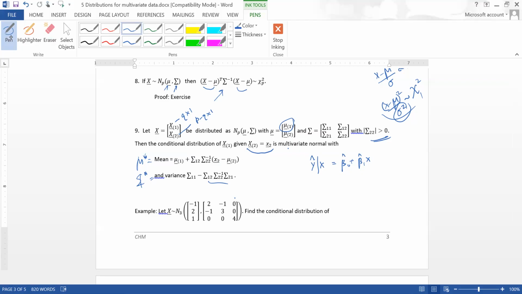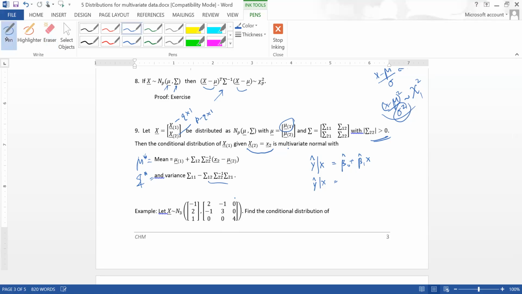If you write it like that, what's the mean? What's the expected value of y hat here? What's the expected value of beta naught hat? If we write the expected value, it comes to beta naught, the parameter directly.